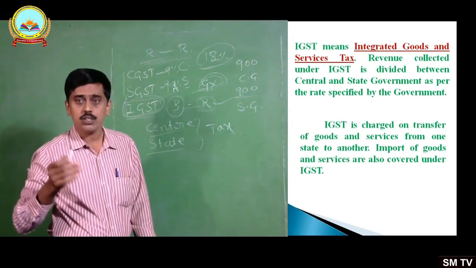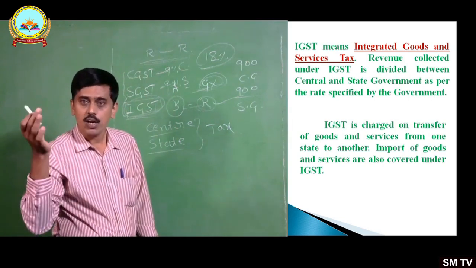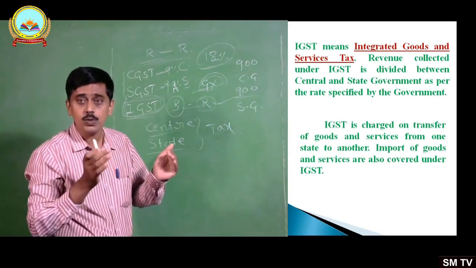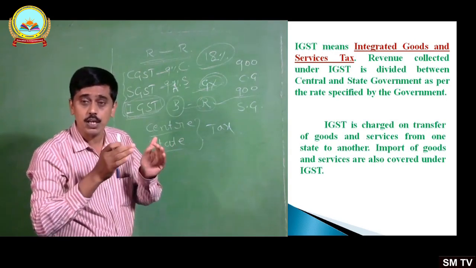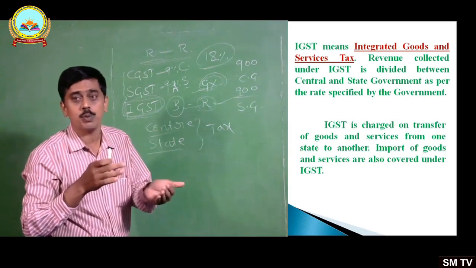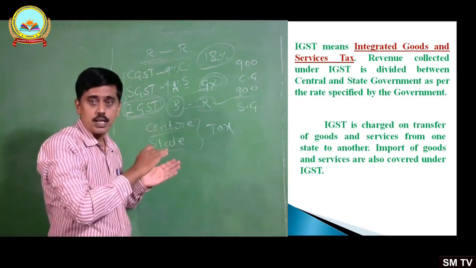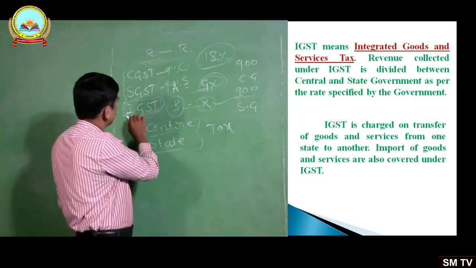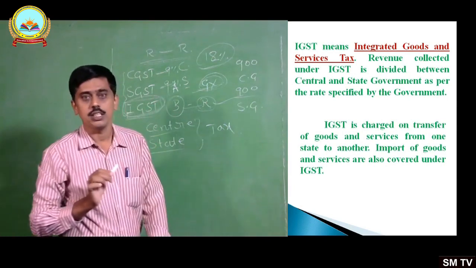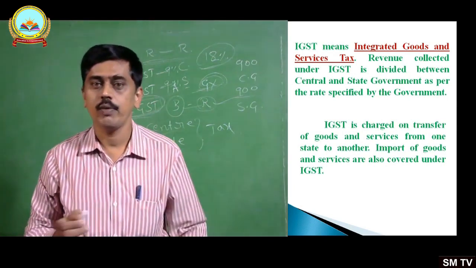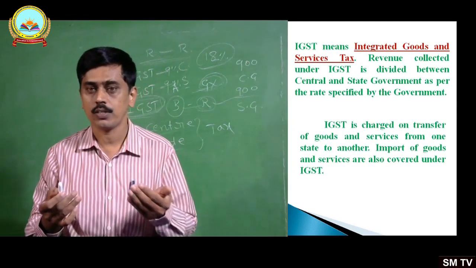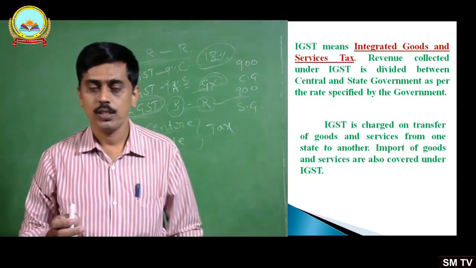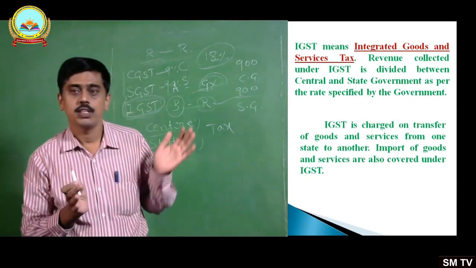But if Ramesh of Karnataka sells to Rohan of Maharashtra, then IGST comes, because here goods or services are transferred from Karnataka to Maharashtra, which involves two states. In such a case, we charge IGST, integrated GST, and even import of goods and services are covered under IGST. Okay, that's about the three components of GST.